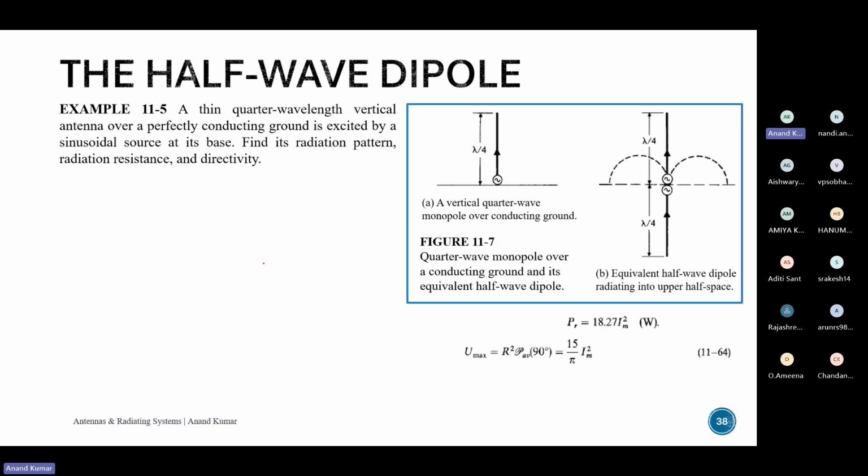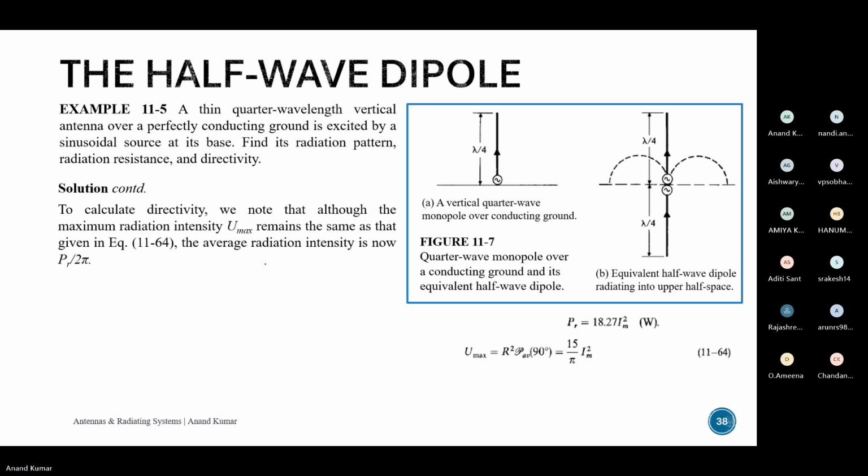Now we are left with directivity. To calculate the directivity, we know that although the maximum radiation intensity remains the same, as you can see in the half, this is maximum 1, the average radiation intensity now is P_r by 2 pi.